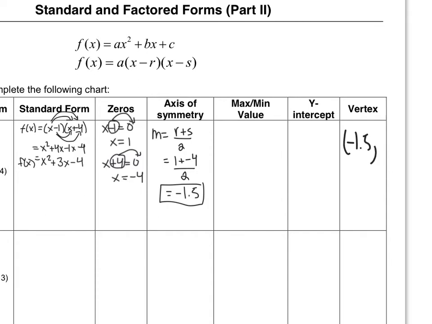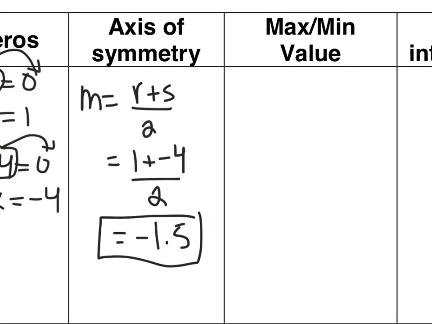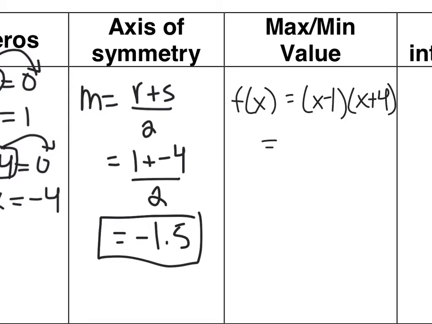Now we've got to figure out the y value of the vertex. Well, we know what our x value of our vertex is. So we'll go back to the original equation which was given, which is f(x) equals (x minus 1)(x plus 4). And we'll replace our x value to solve for our y.